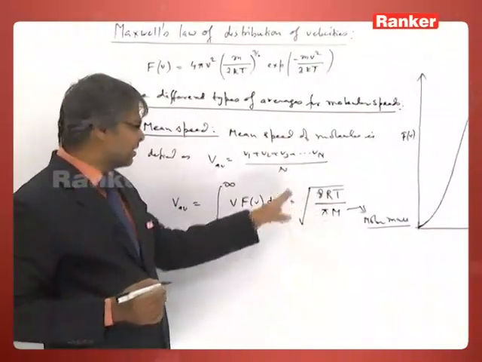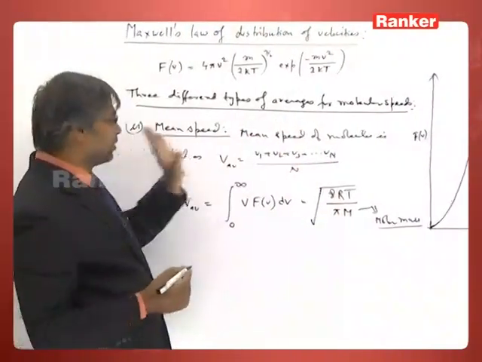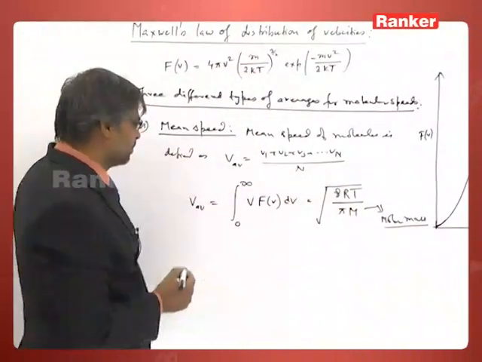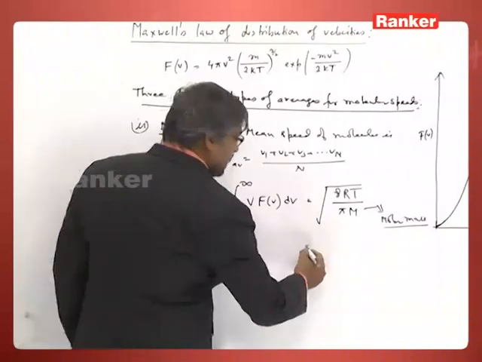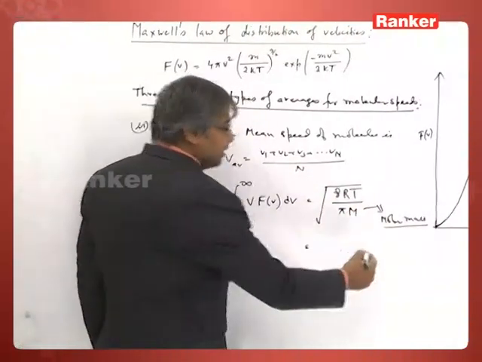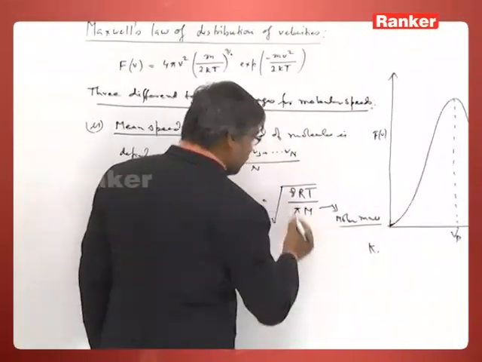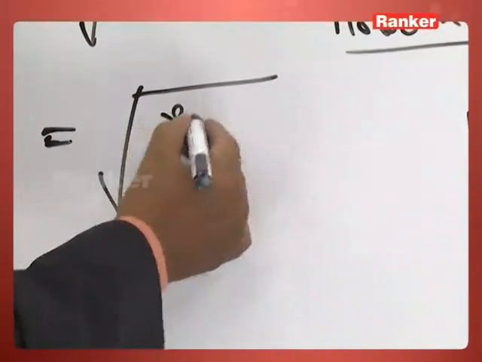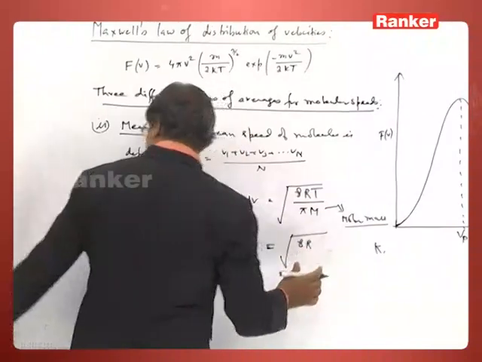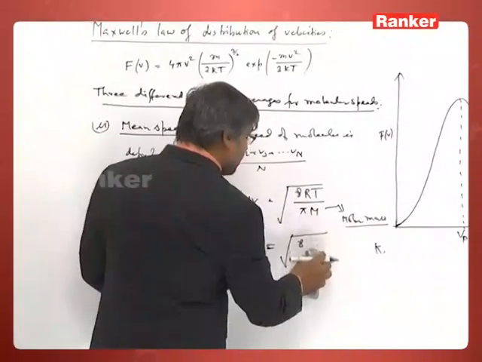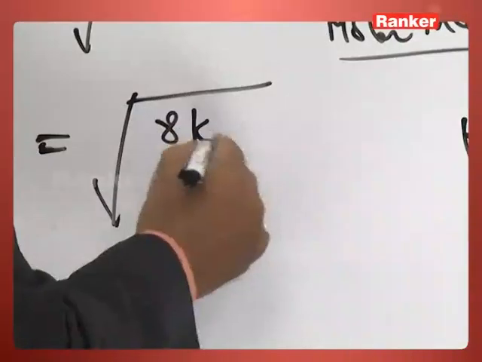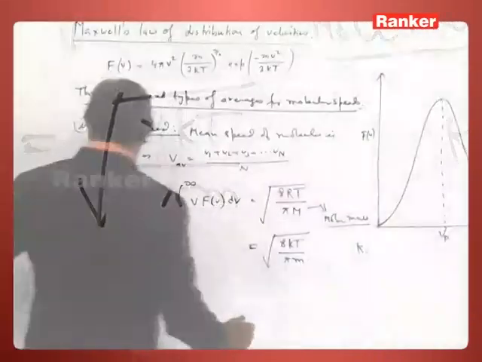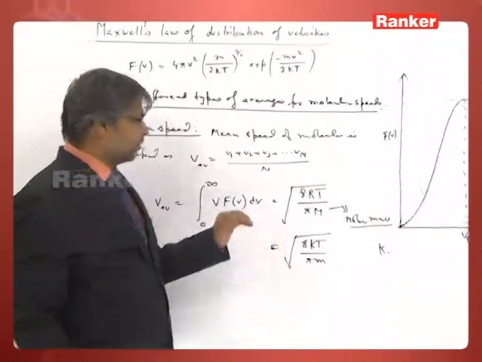This can be further written in terms of the Boltzmann constant k: root over 8kT by pi m, where m is the mass of each molecule.